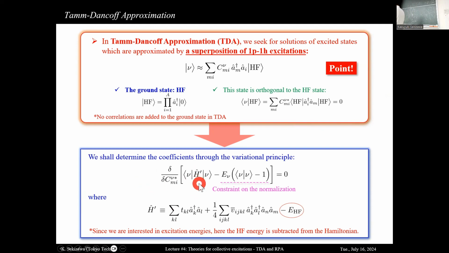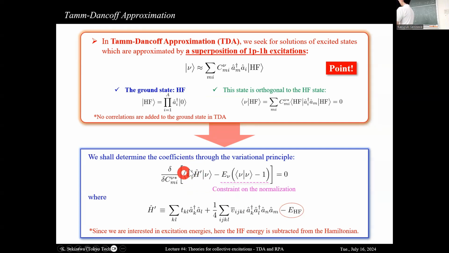As usual, we take the energy expectation value of the Hamiltonian H, but here I put a prime, H prime. It means we measure the energy from the ground state, the energy of the Hartree-Fock state. So this is the shift of energy, to see the excitation energy.